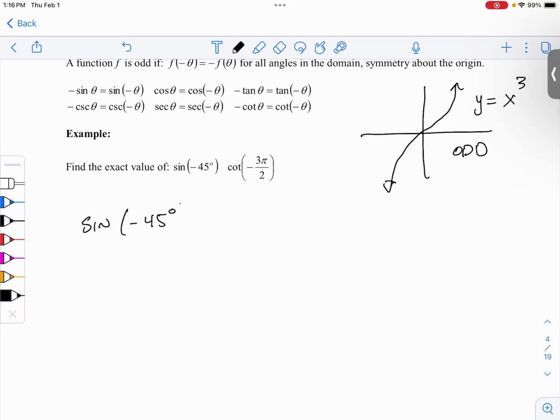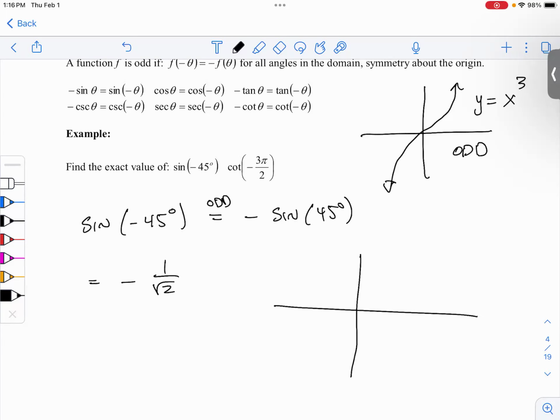So if I have negative 45 degrees, because sine is odd, that becomes negative sine of 45 degrees. And sine of 45 degrees is 1 over root 2. Again, I could have graphed this angle. Negative 45 degrees is this.